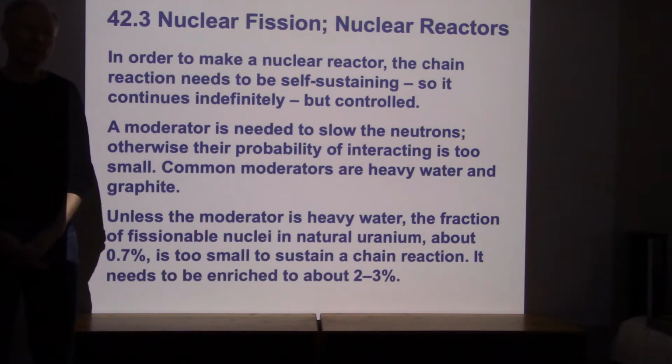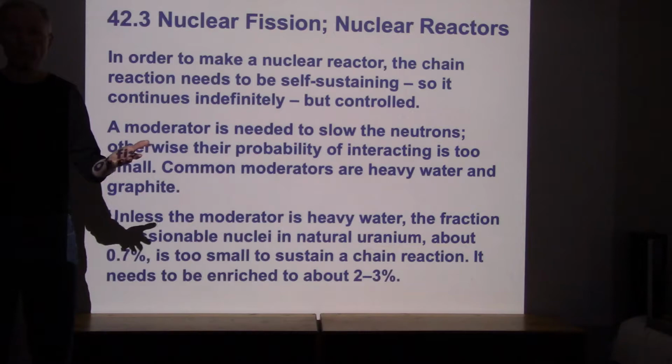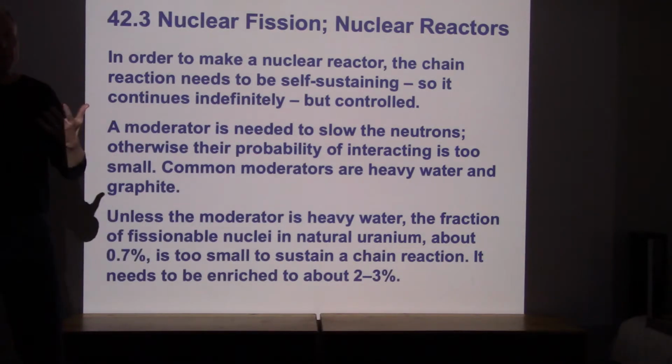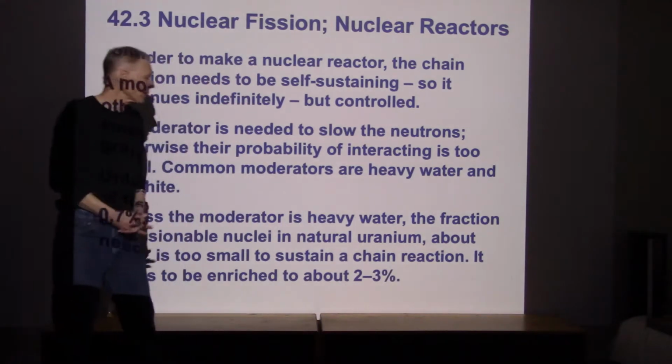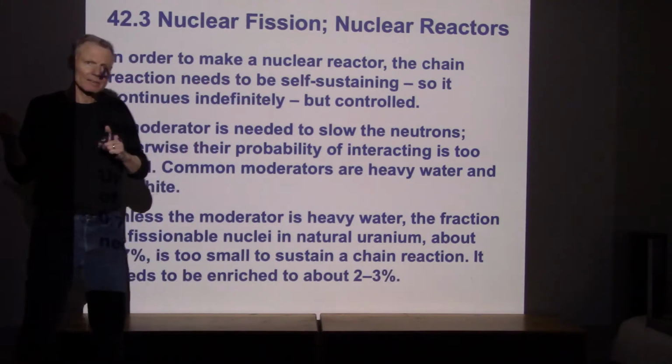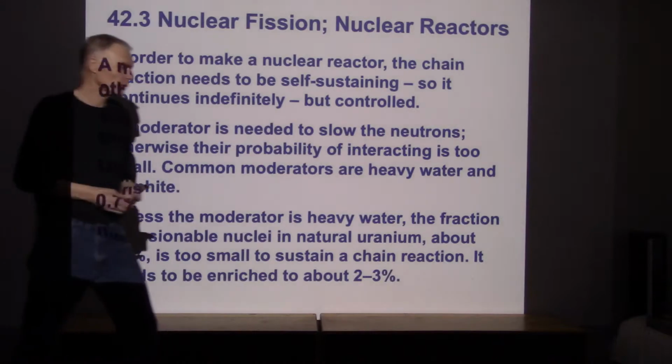So we never have to bring it up to weapons grade, much higher concentrations. And that's how you can tell the difference between uranium that's being used for a power plant versus uranium that's intended for the development of nuclear weapons.